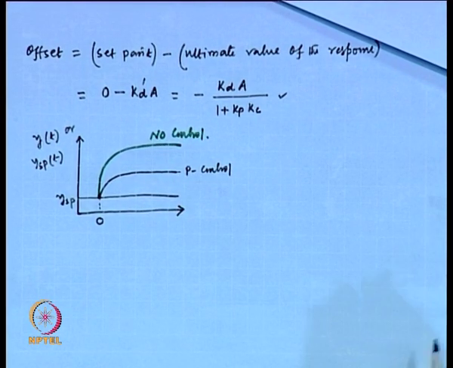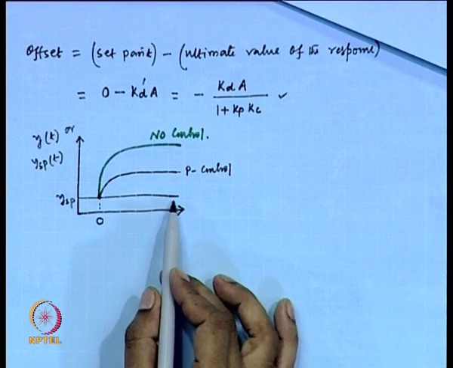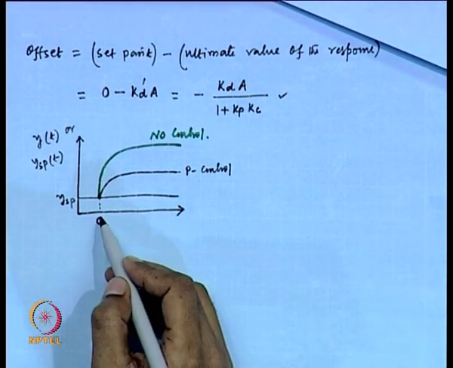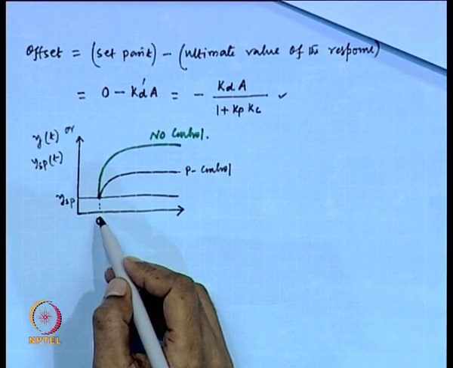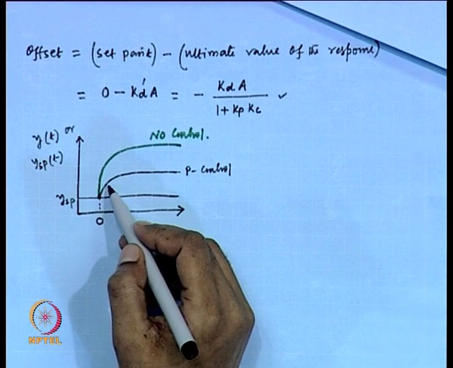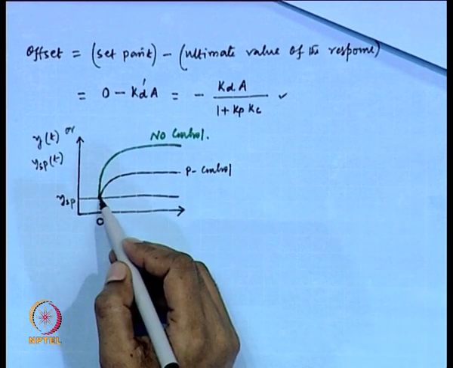Fine. We did not introduce any change in the set point, therefore, the set point remains constant throughout the operation, but the disturbance is changed at time t equals 0. Therefore, the process changes to a different steady state value starting from time t equals 0.